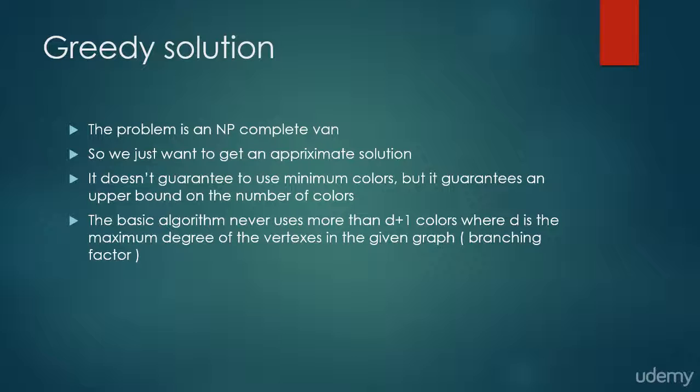And it doesn't guarantee to use minimum colors, but it guarantees an upper bound on the number of colors. So the basic algorithm never uses more than d+1 colors, where d is the maximum degree of the vertices in the given graph, or the branching factor.